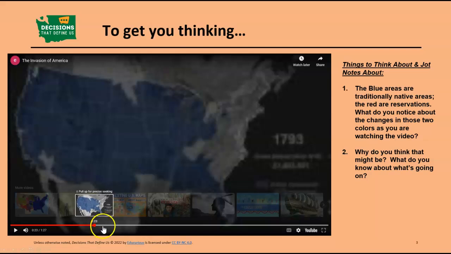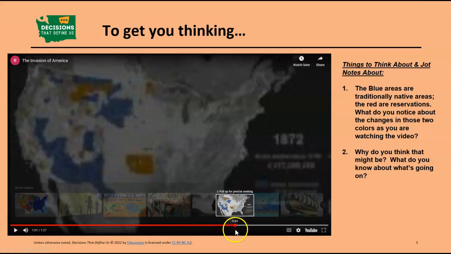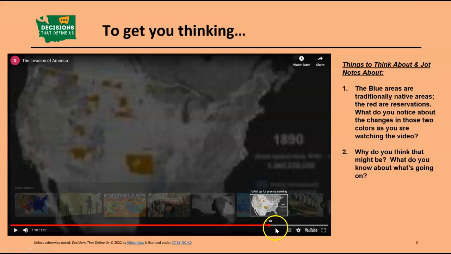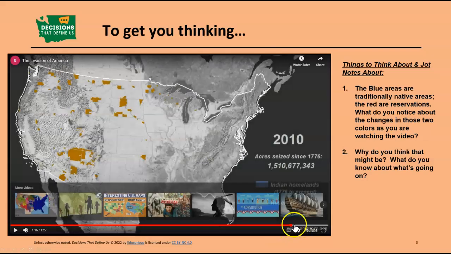Sorry, they're red on the map I'm going to show you, become mostly smaller, and then there's a point where the Oklahoma where it becomes larger, right? Until we end in 2010 with that's the remaining land that is Native American areas.